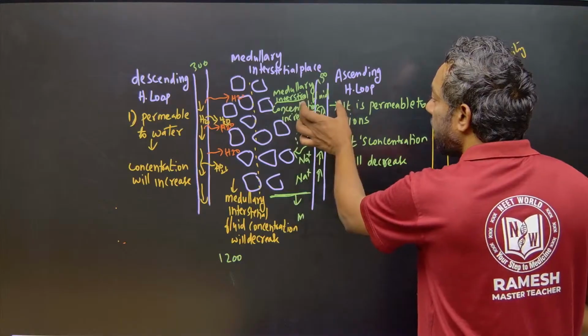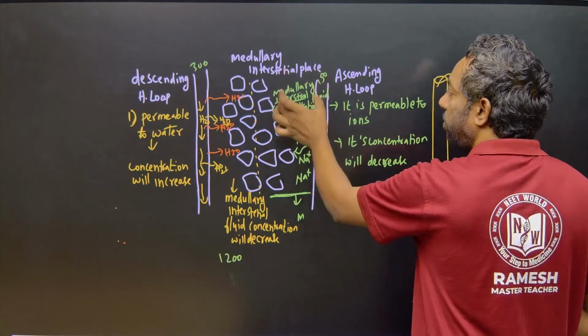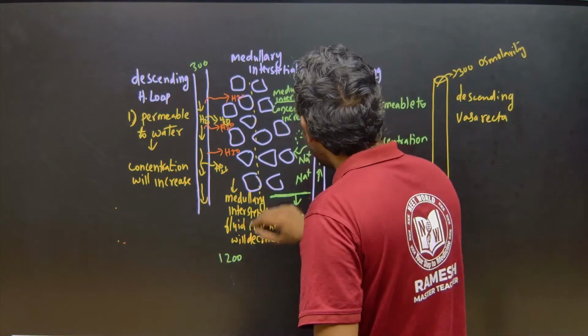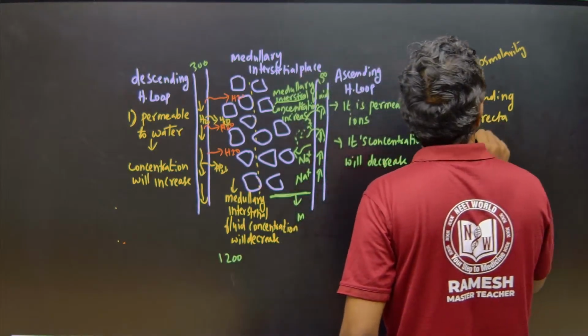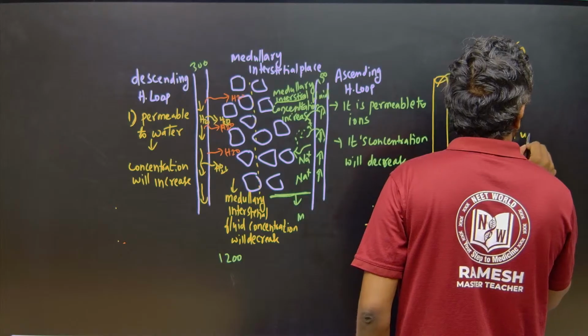So the medullary interstitial fluid is concentrated, right. So the ions and water are permeable here.